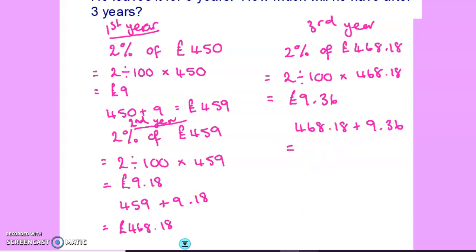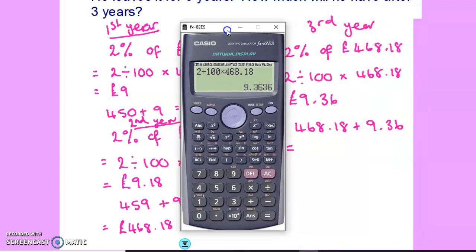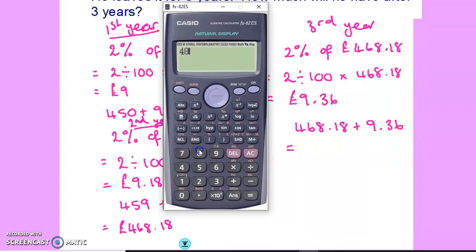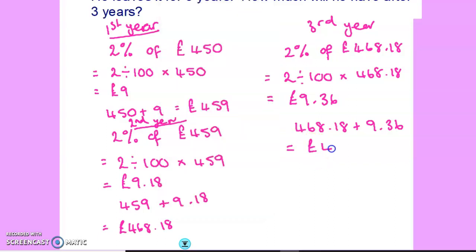Add that on, and at the end of 3 years we have £477 and 54 pence.